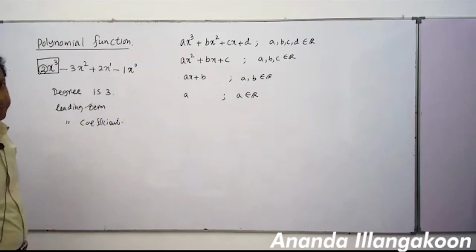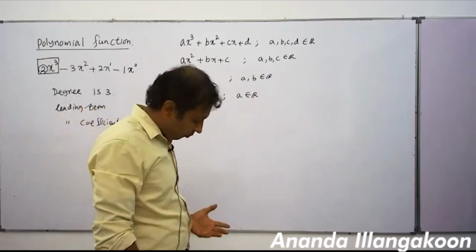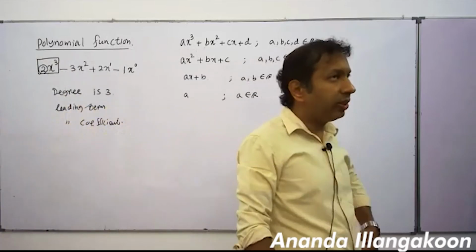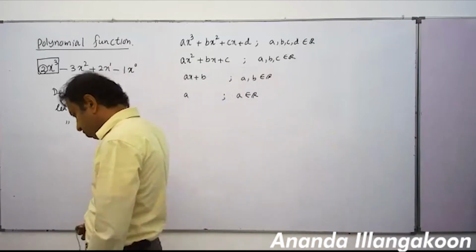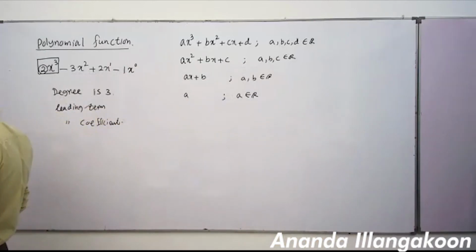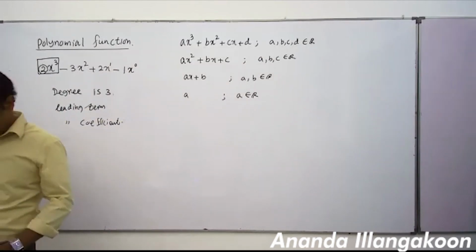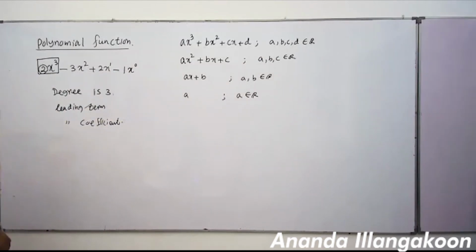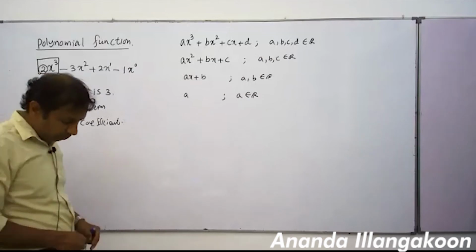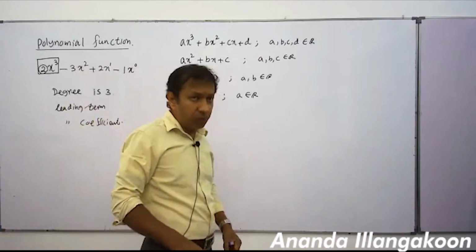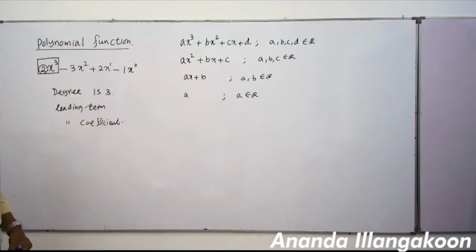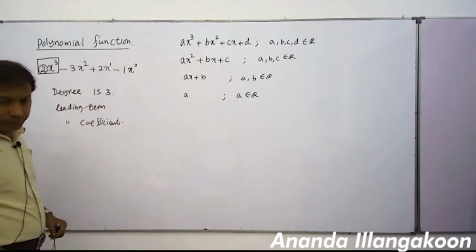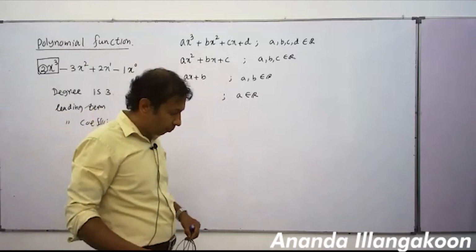Right. Next one, write down. The greatest power of the variable is called as the degree of the polynomial function.